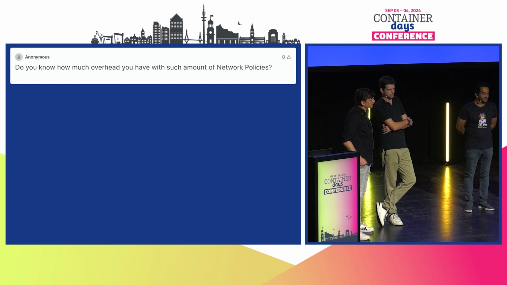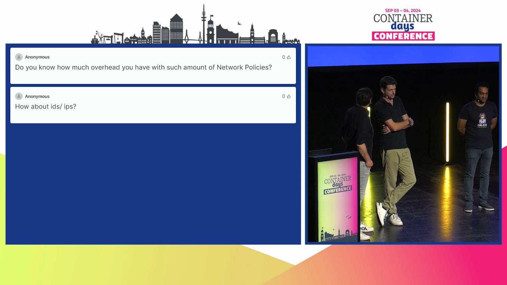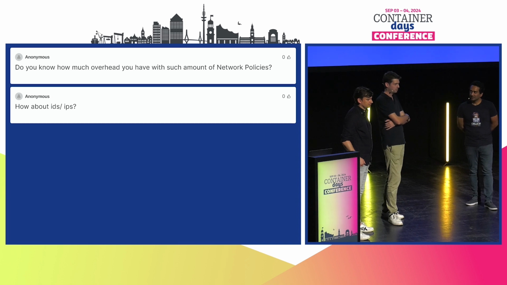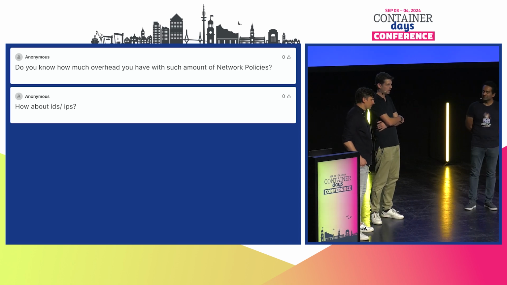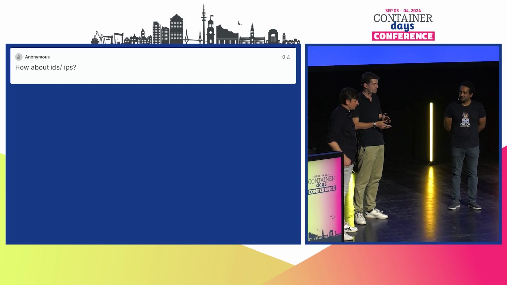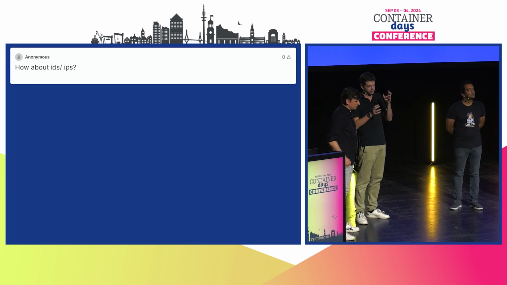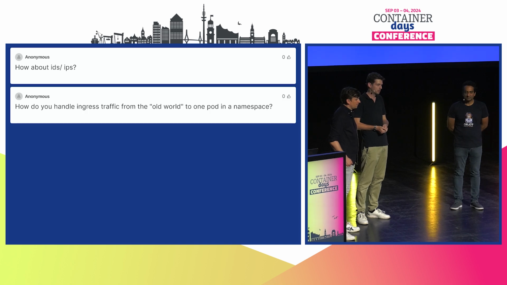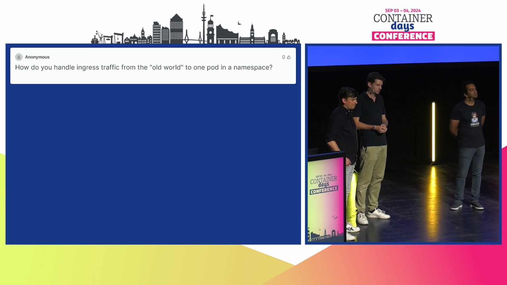So, got another one. How about IDS IPS? IDS IPS is managed by another system, by our traditional firewall system and by the central load balancer, which sit in front of the Kubernetes clusters and face the internet, and they do just this. Cool, thank you.